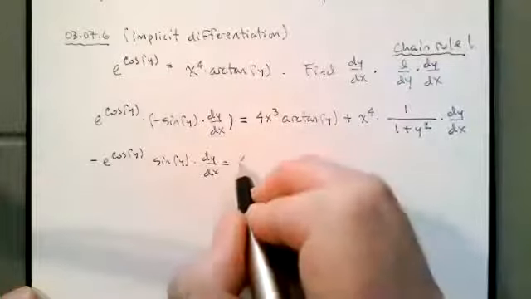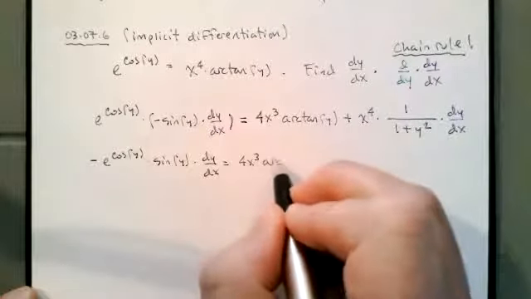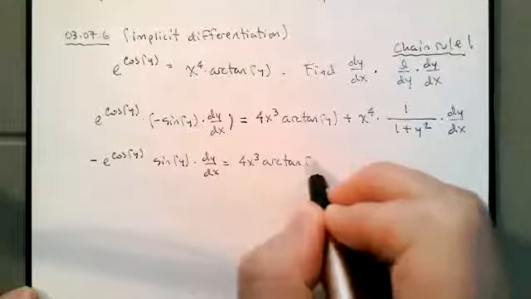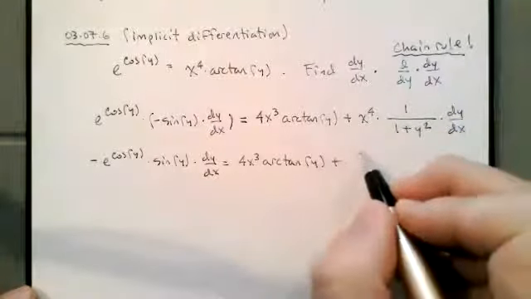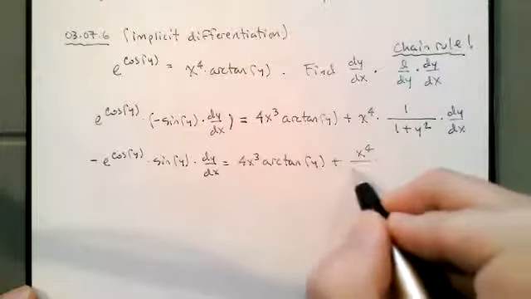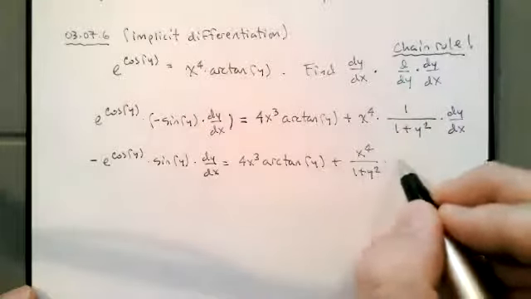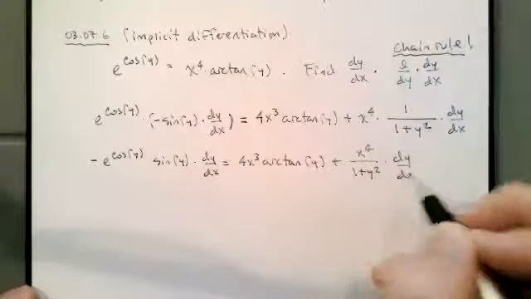This can stay as it is, 4x to the 3rd arctangent of y. I'm going to clean this up by putting the x to the 4th on top. But then I have a dy dx.